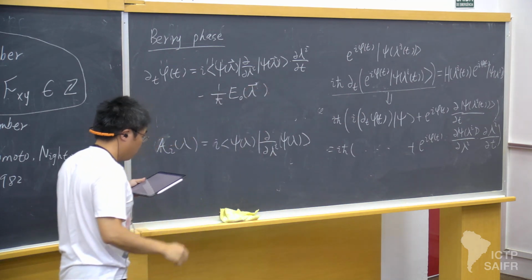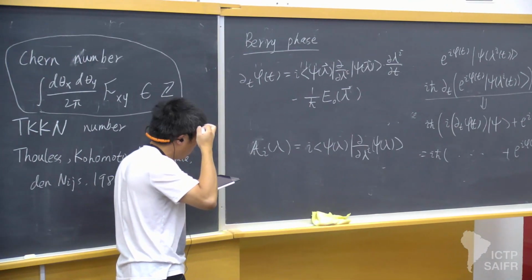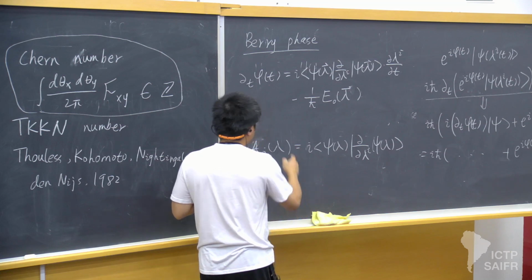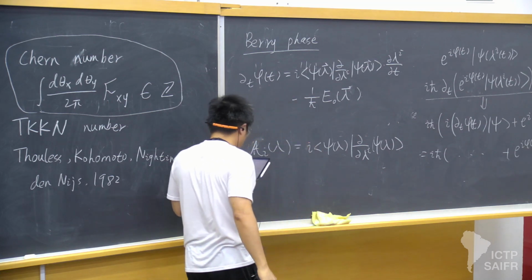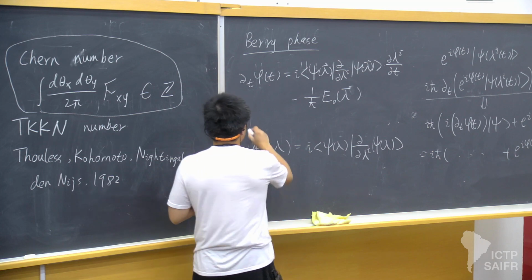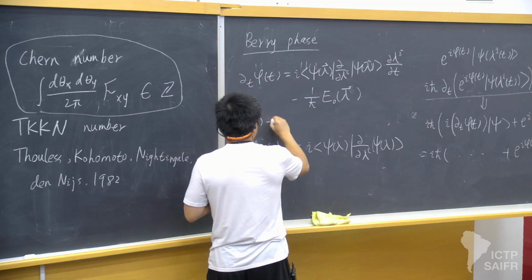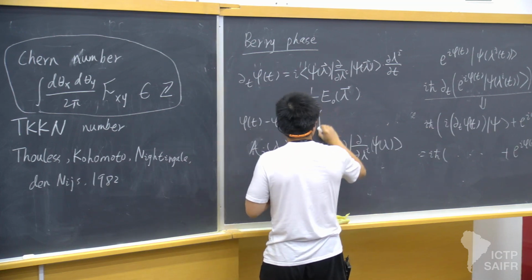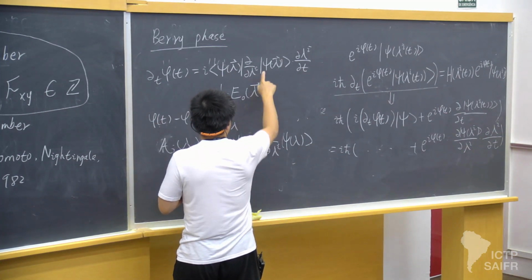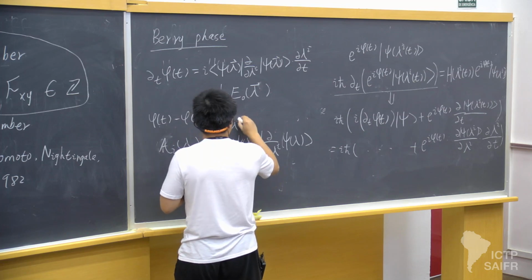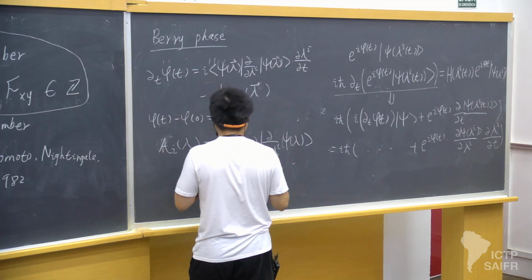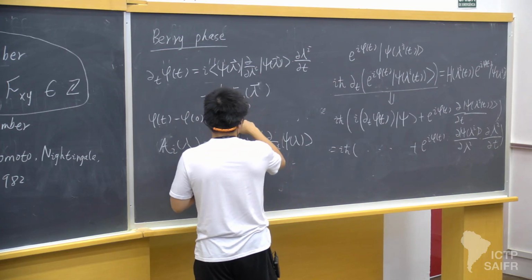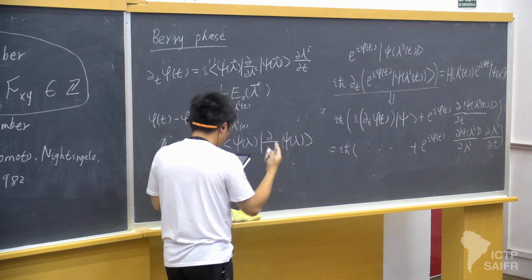You can try to repeat this computation, and from this we will know the phase factor. You just do an integral over time, then you will get phi 0 equals an integral. For the first term, it becomes an integral in my parameter space lambda, which is time independent.